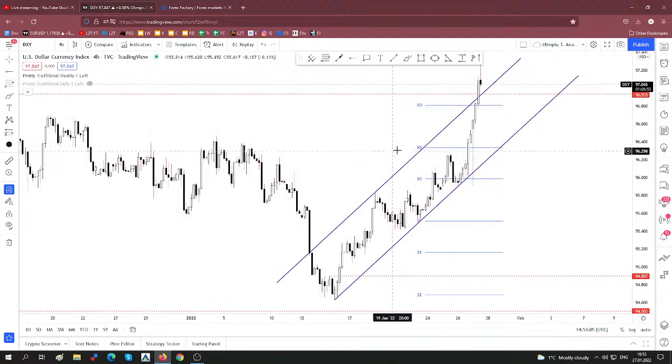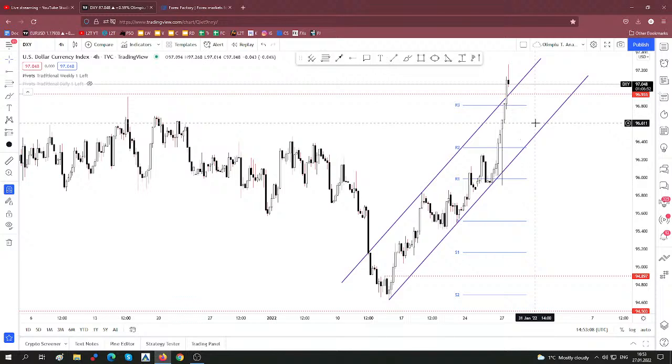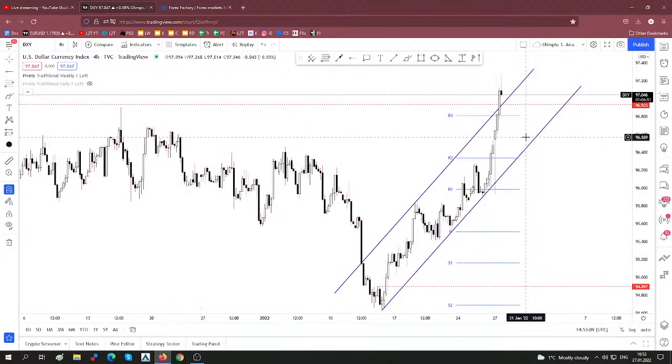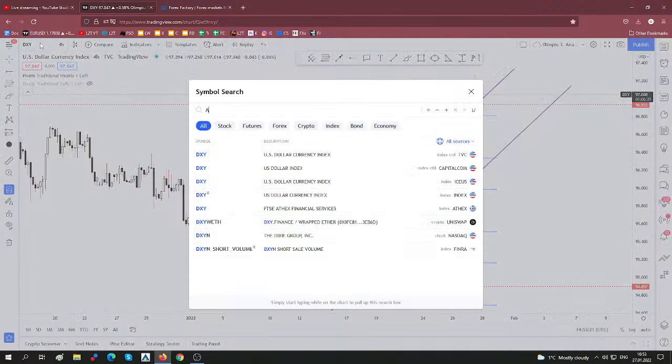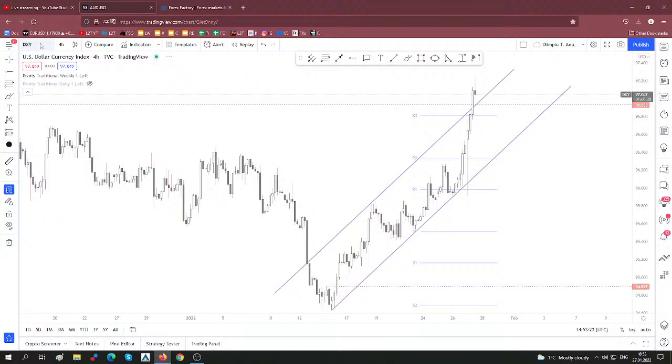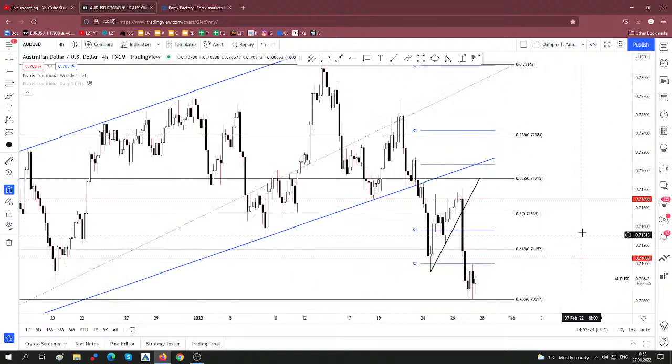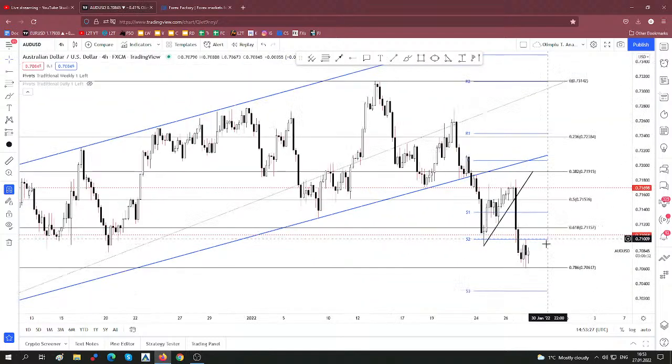And also, you have to be careful, because here, if the price prints a pin bar, it could develop a strong retreat correction. That's why you have to be careful, okay, with the US dollar right now. But right now, in my opinion, the Australian dollar versus the US dollar is bearish.